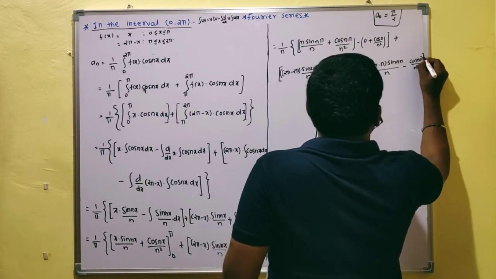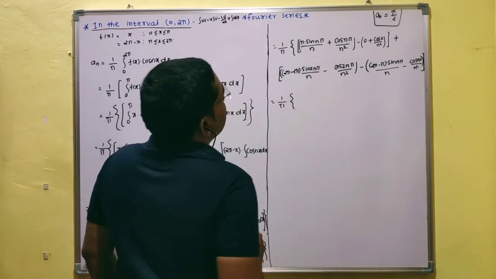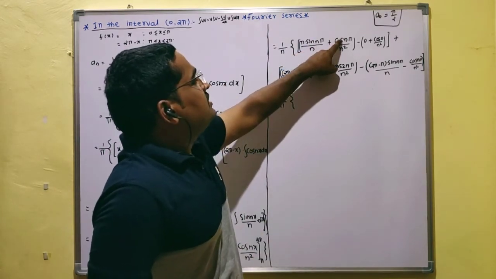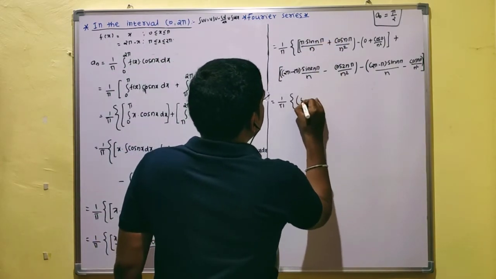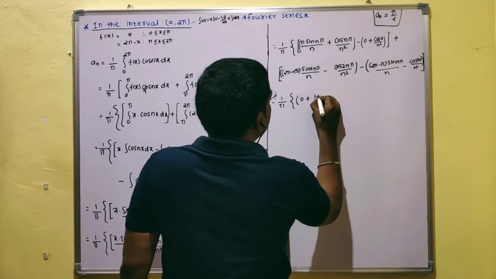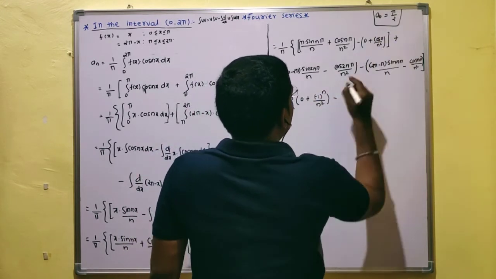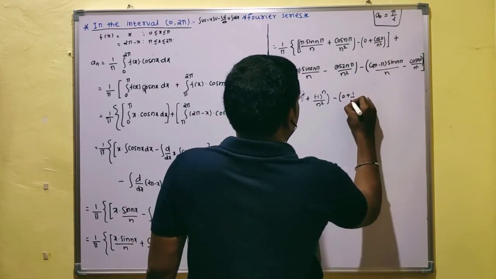Okay. Now finding all these values, we get 1 upon π as it is in this curly. We know that sin nπ is 0 and cos nπ is minus 1 to the power n. This value is 0, plus this value is minus 1 to the power n divided by n square. Minus this cos 0, again we know that value is 1, so cos 0 is 1 upon n square.